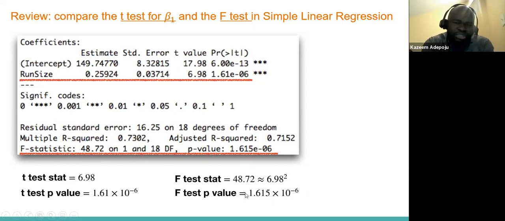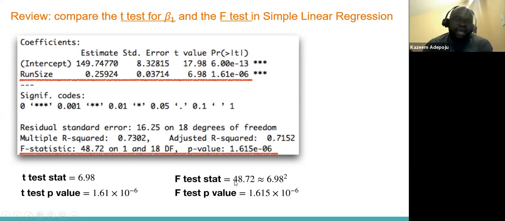Some of you may be wondering, is there a connection between the F statistic value and the t-test statistic value? I want to tell you there's a connection between them. The F test statistic value is 48.72, and this is 6.98. But when I square this, I'm going to have this. So the square of this is approximately this.